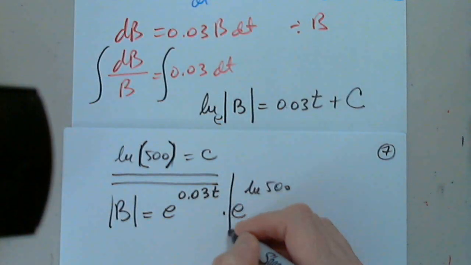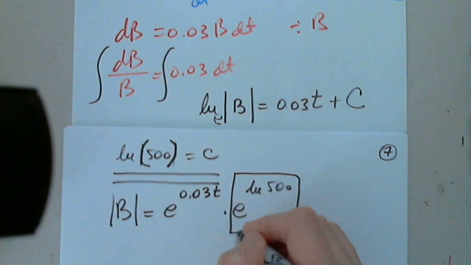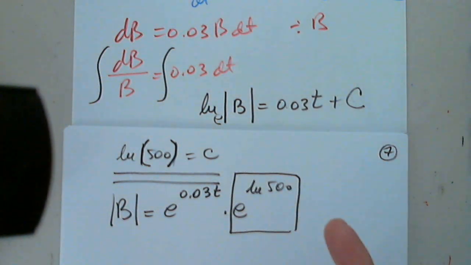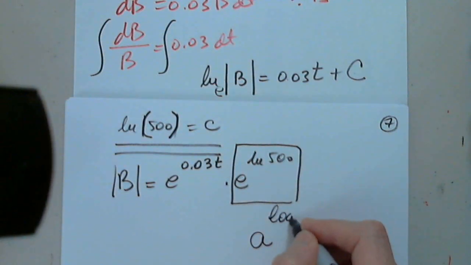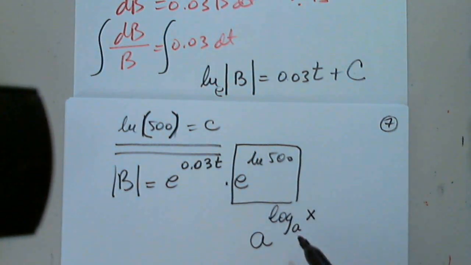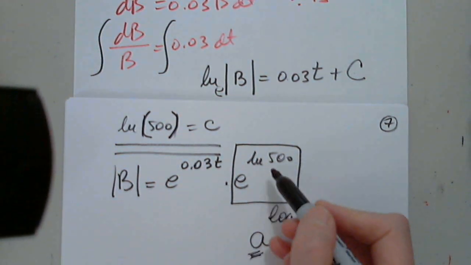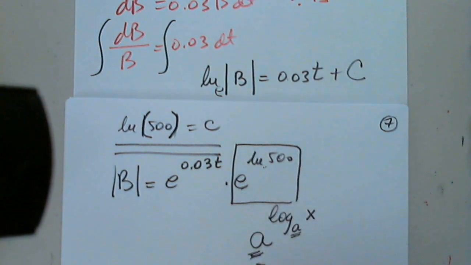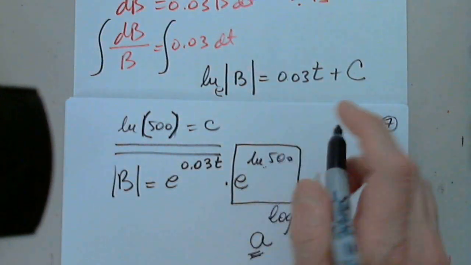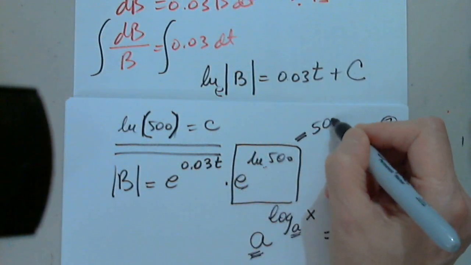Now this is another property of the natural log, or any log: a raised to log base a of x equals x. These have to be the same base, and they are. So this number will equal 500.